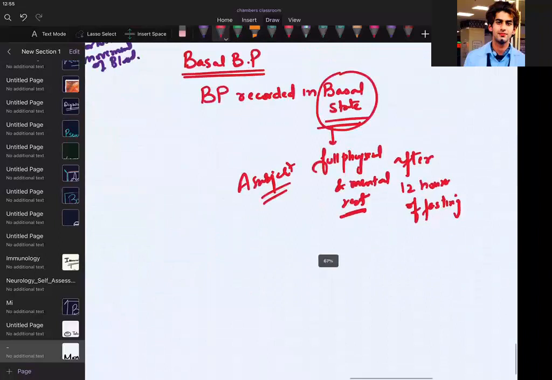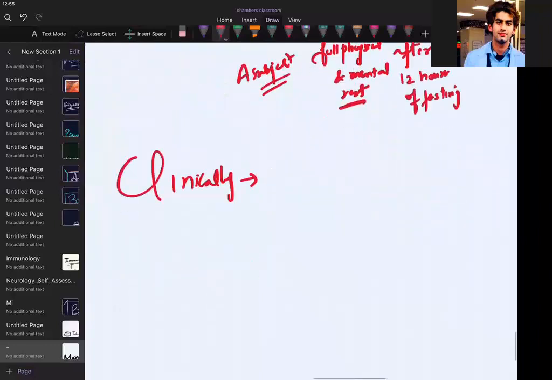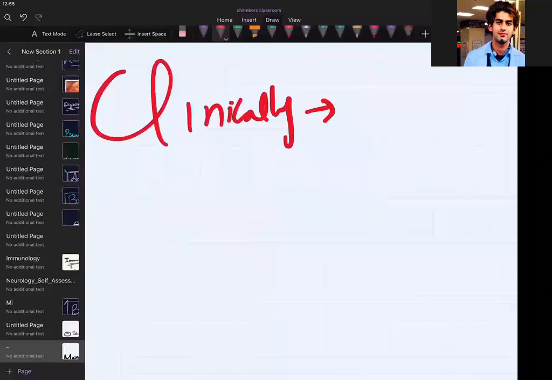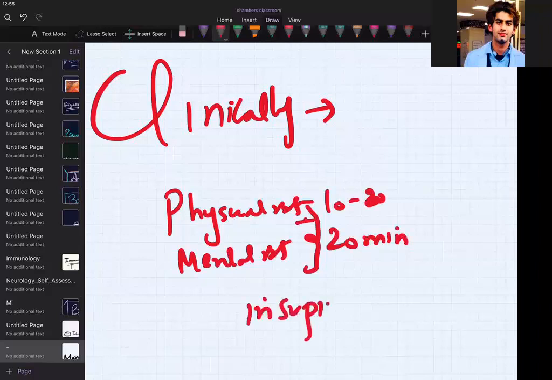So clinically, how will you find it? What we do clinically, if you want to check the basal BP, we don't keep the person fasting for 12 hours. We tell the person to have physical and mental rest for 10 to 20 minutes in supine position.